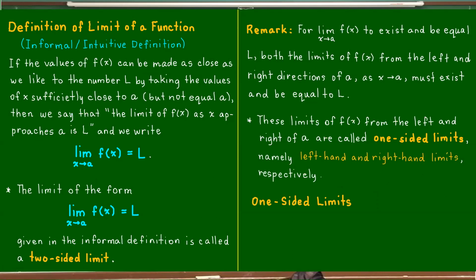So let's talk about one-sided limits. For the left-hand limit, all you have to do is to replace a certain phrase in the definition of the limit of a function, the two-sided limit.